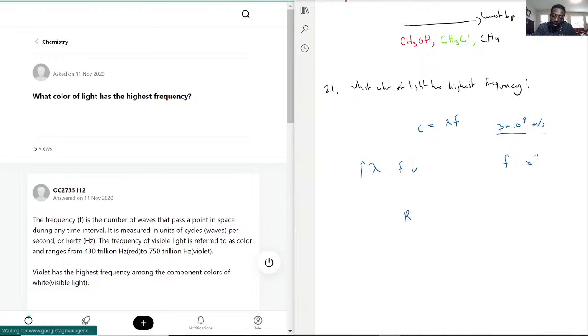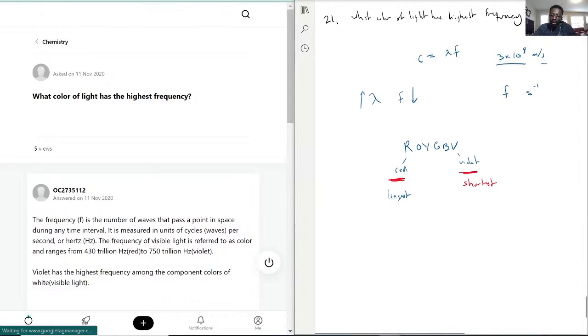Remember the colors of the rainbow, Roy G Biv. Red is the longest wavelength, and violet is the shortest wavelength. That is why a rainbow is organized like that.